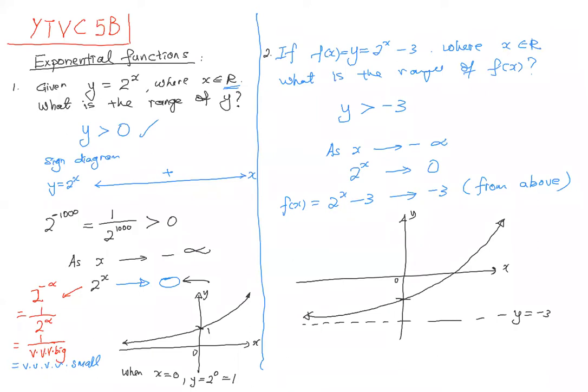So if you want to get your y-intercept, you say when x equals 0, f(0) is equal to 2 to the power of 0 minus 3. So 2 to the power of 0, if you don't know, you just key into your calculator. Your calculator will tell you 1 minus 3, which is -2, sorry.